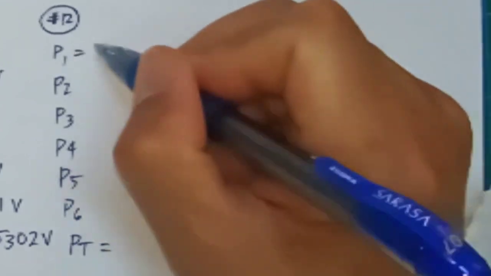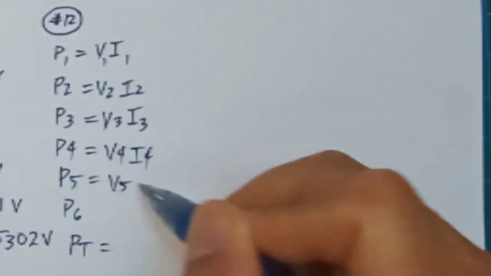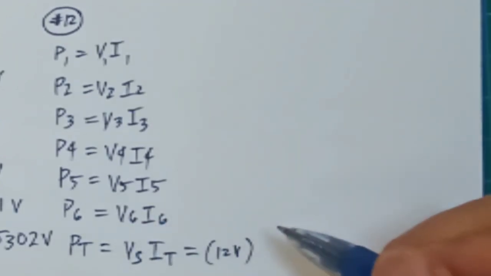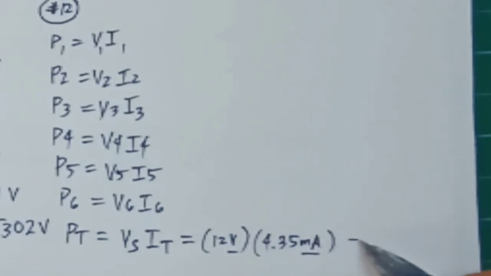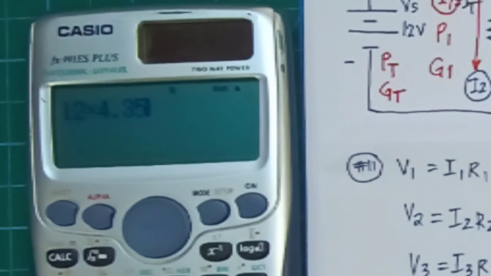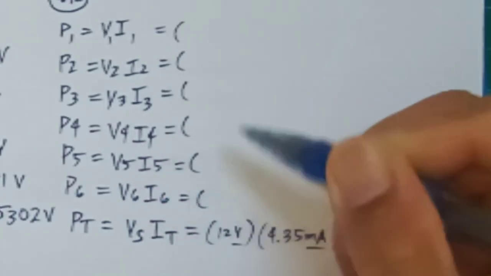Now let's do the power dissipated by each resistor. It's also easy. You just multiply the voltage with the current. So we can use one of the formulas for power: voltage multiplied by current, or VI.